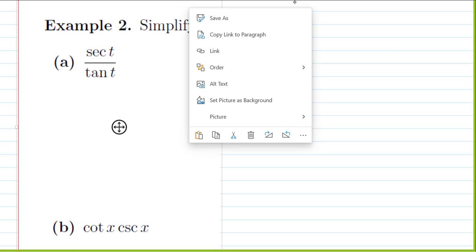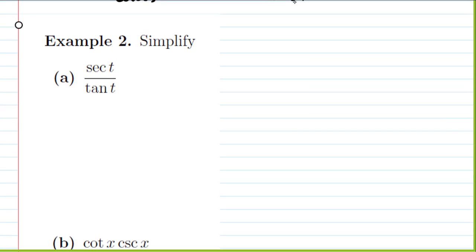So we wish to simplify the following expression: secant t divided by tangent t.